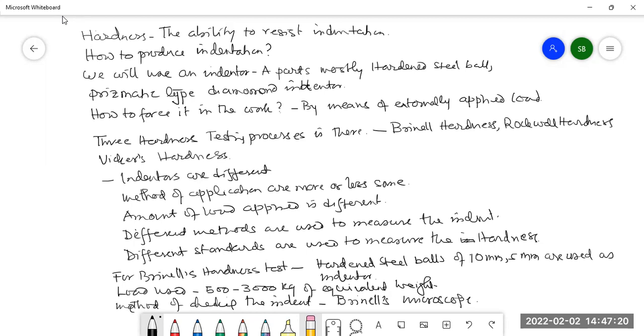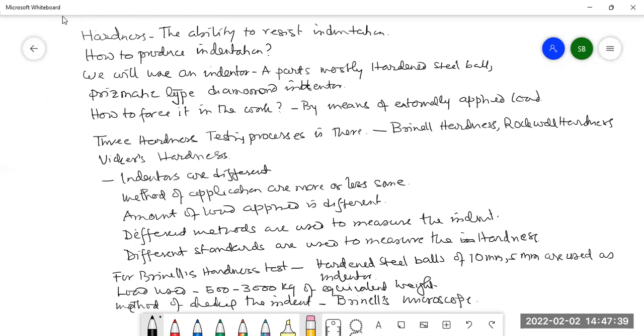So in the Brinell hardness test, first of all, the indenter is a 10 millimeter or 5 millimeter hardened steel ball. What are the loads used? We can load from 500 kg to 3000 kg of equivalent weight.